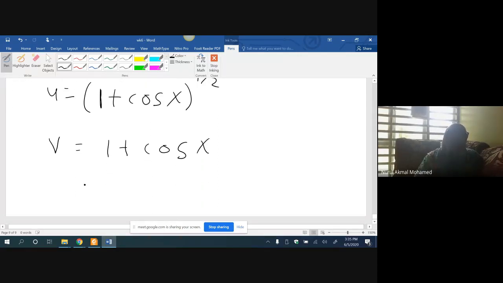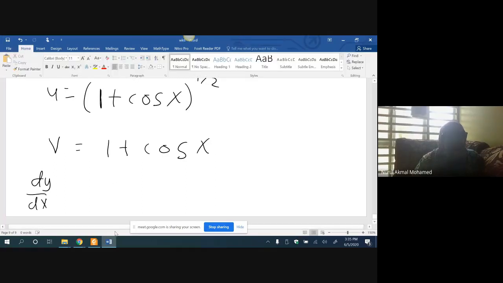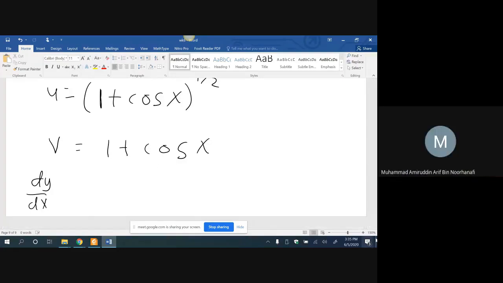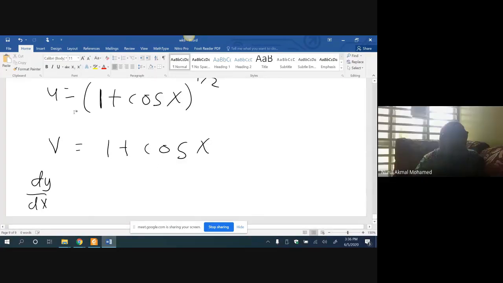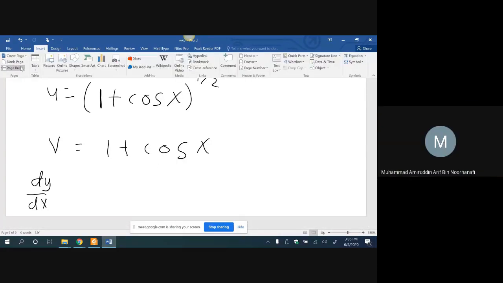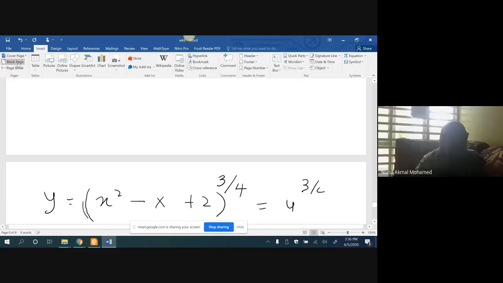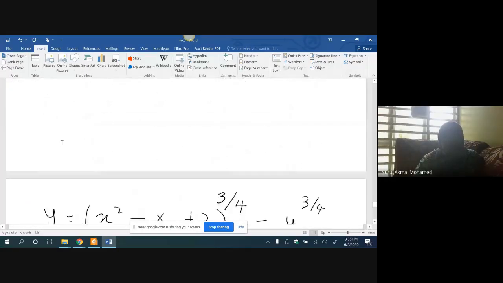So your dy dx, how can I add an empty page after this one? How am I going to go to the next page? Go to the insert tab. Insert blank page. It's not working.